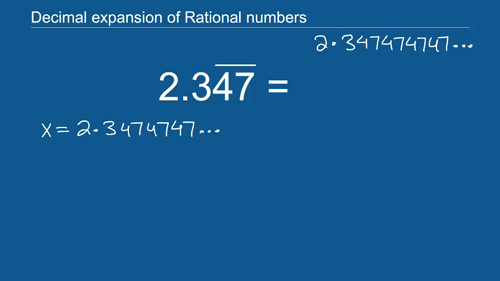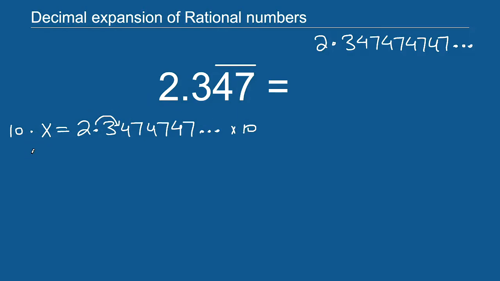Now our goal is to get the decimal as close as possible to just before the repeating group of numbers. Here it is the 47 that repeats, so we want to move the decimal place from here to here. How do we do that? We simply multiply both sides by 10.